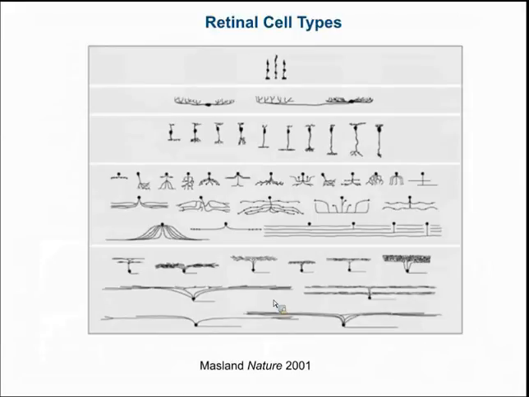So we know in the retina, this is probably the best explored place anywhere, certainly in the nervous system, we understand that in the retina, there aren't just retinal neurons, cones and retinal neurons. We now know there are on the order of 70 types of different neurons. And no retinal physiologist today would just say, well, I recorded from a retinal neuron.